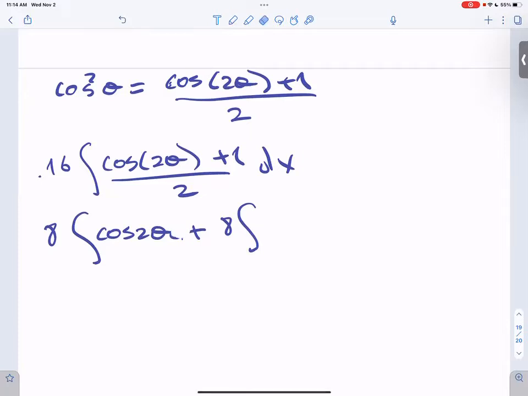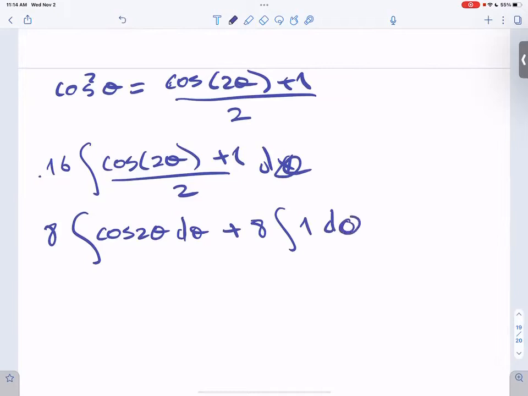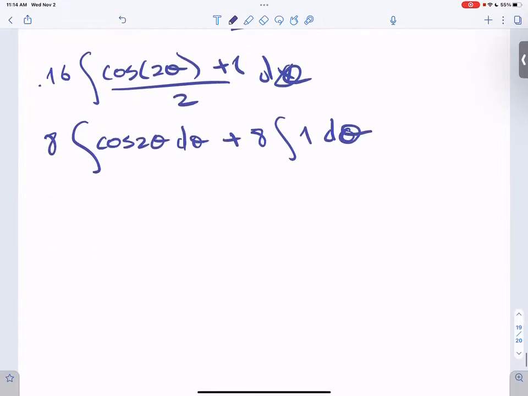So we have 8 times the integral of cosine of 2 theta d theta plus 8 times the integral of 1 d theta. And then I'm going to use substitution for calculating this one: u will be 2 theta, du is 2 d theta.